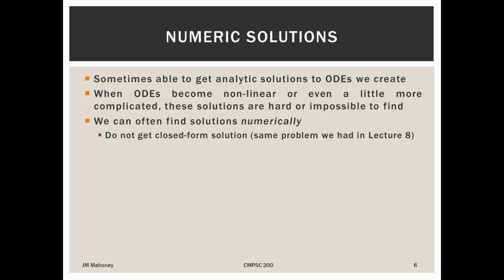And it's similar to the type of problem we had in lecture 8 when we were talking about either integration or differentiation. In those types of problems, if we want to find the integral or the derivative of a function, and we didn't have a closed form solution, we could get a numerical approximation to what those values were. And we didn't get that expression, but we could plot it and we could use it pretty well.